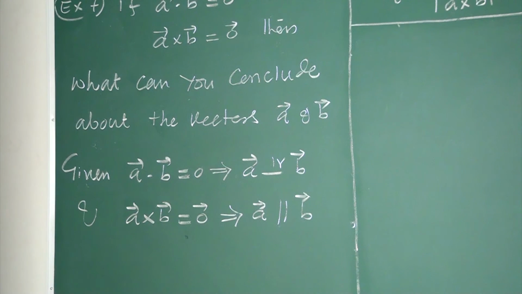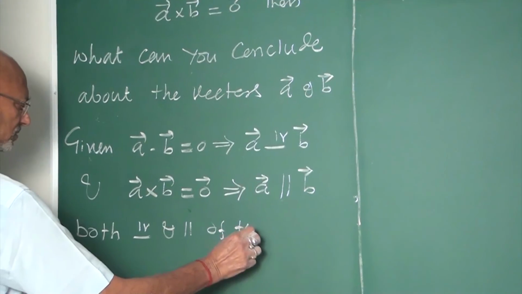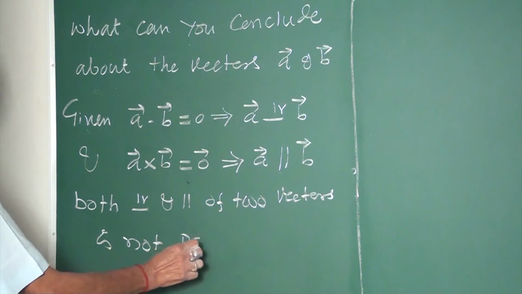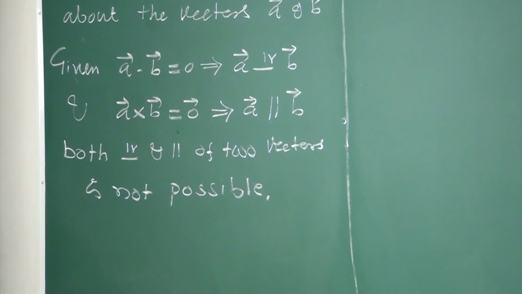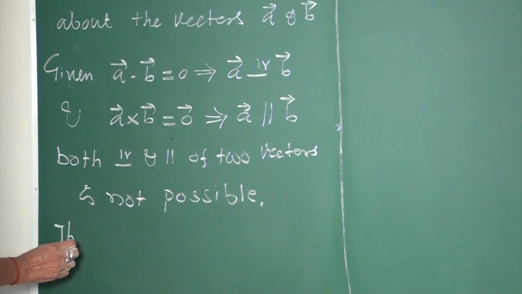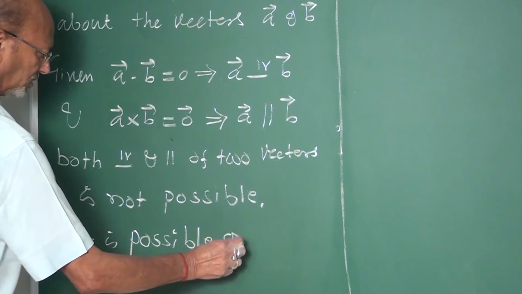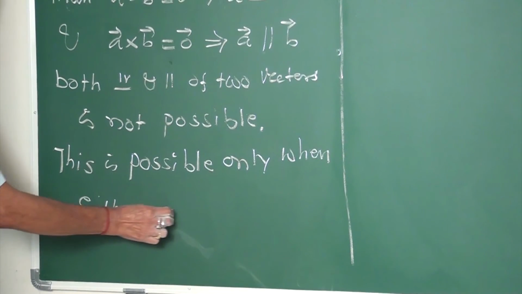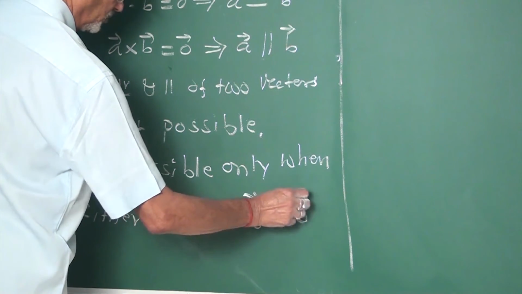Yes, my friends, write it. Both perpendicular and parallelism of two vectors is not possible simultaneously, and this is possible only when either vector A equal to 0 or vector B equal to 0 vector.